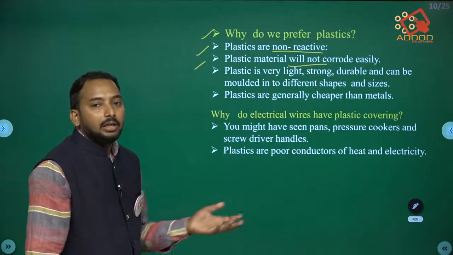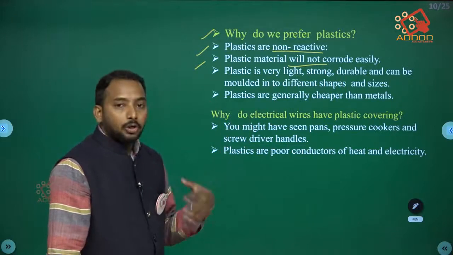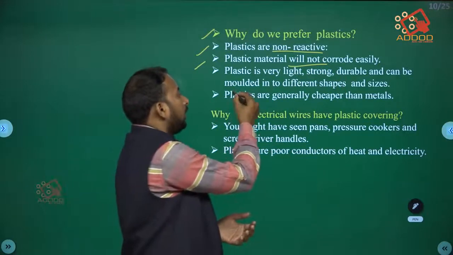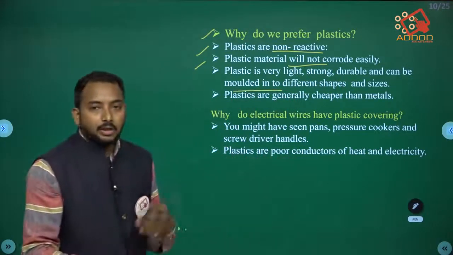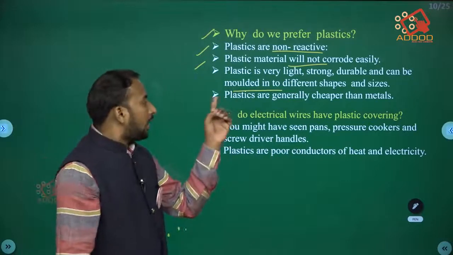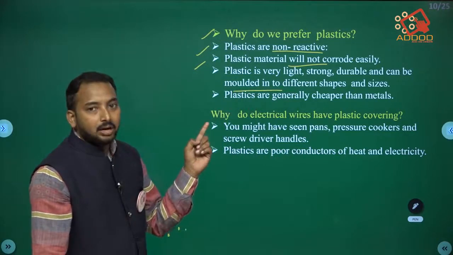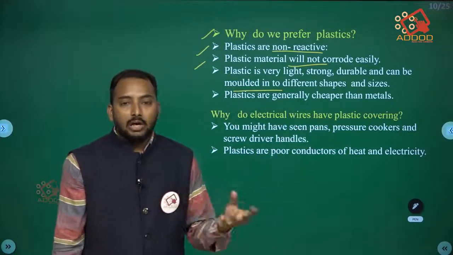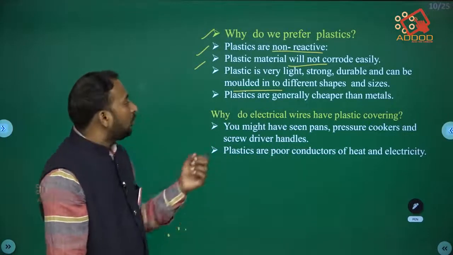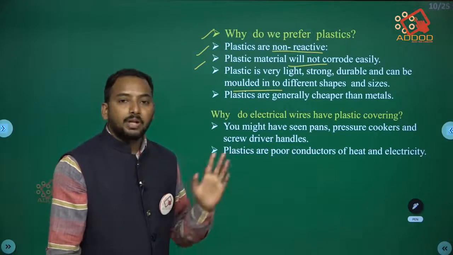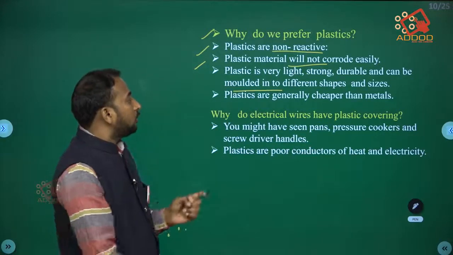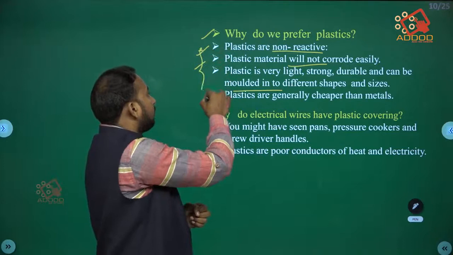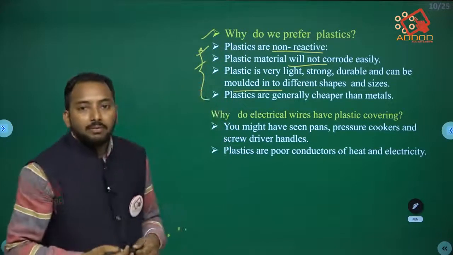Plastic is very lightweight, strong, durable, and can be molded into different shapes and sizes. Plastics are also generally cheaper than metals, which are very expensive. For these reasons, plastic is preferable nowadays.